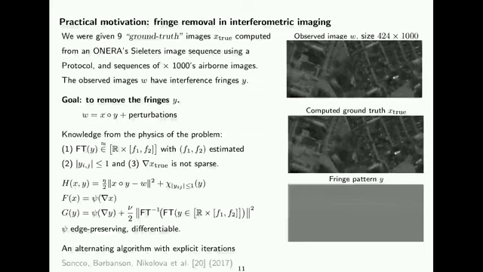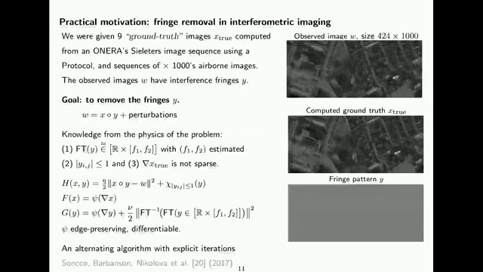This is not really a ground truth, because it was computed using a protocol from a sequence of well-calibrated images, but we had only 9 images like this, and you can see that a fringe pattern appears. In order to apply some image processing tasks, stereometric or something like that, in order to obtain other information from the observed images, the first goal is to remove the fringes.